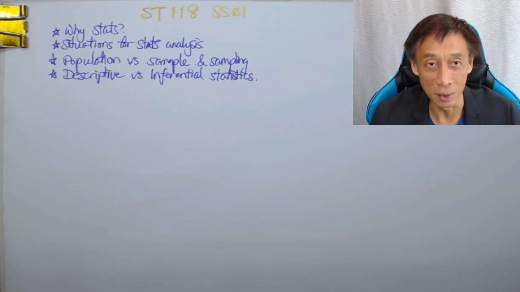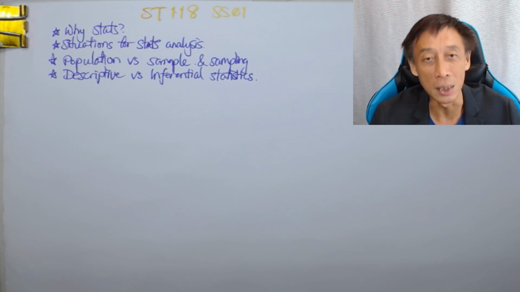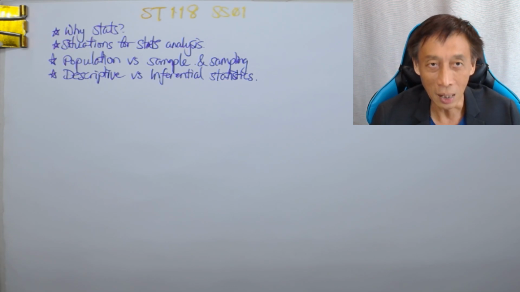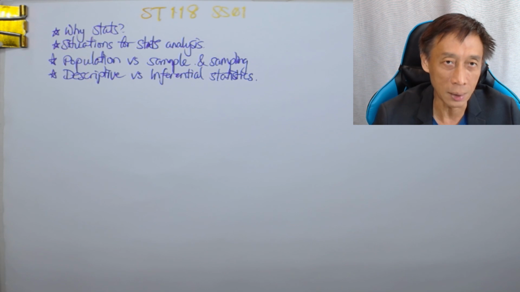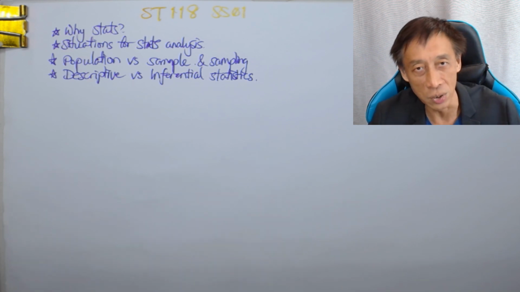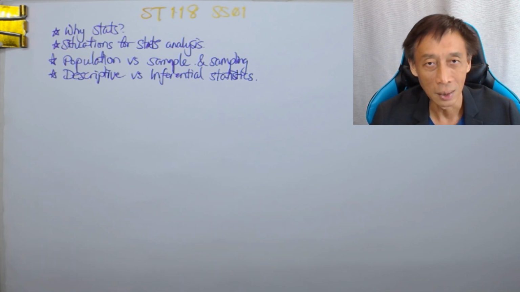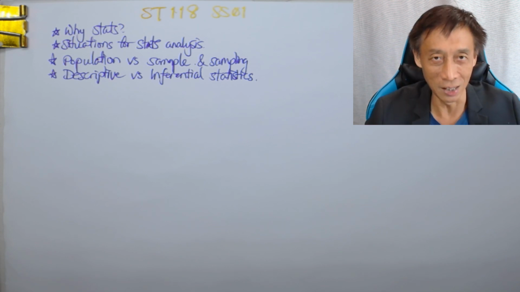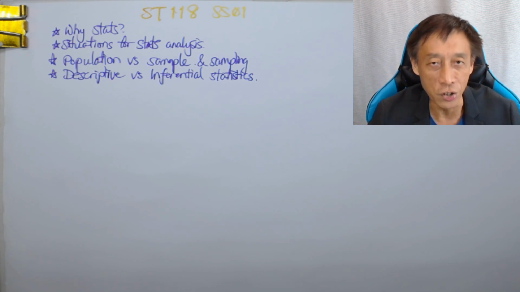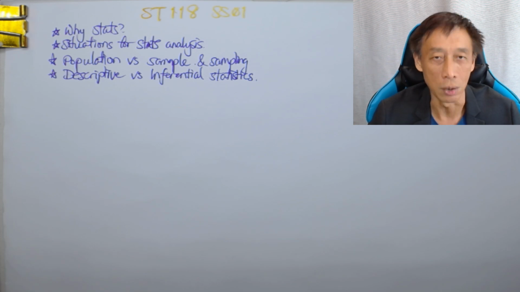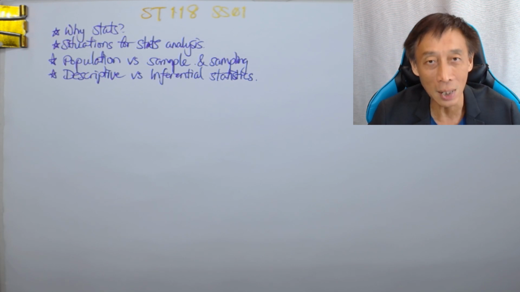What do you mean by research has shown? What research? Which research? What statistical proof has that research shown? If you don't know what questions to ask, if you don't know the procedures of statistical analysis, you wouldn't be asking the right question. You wouldn't be having the confidence, right, to challenge, to say which research, what analysis did they show, what results did they present, what is the sample size they did, right?